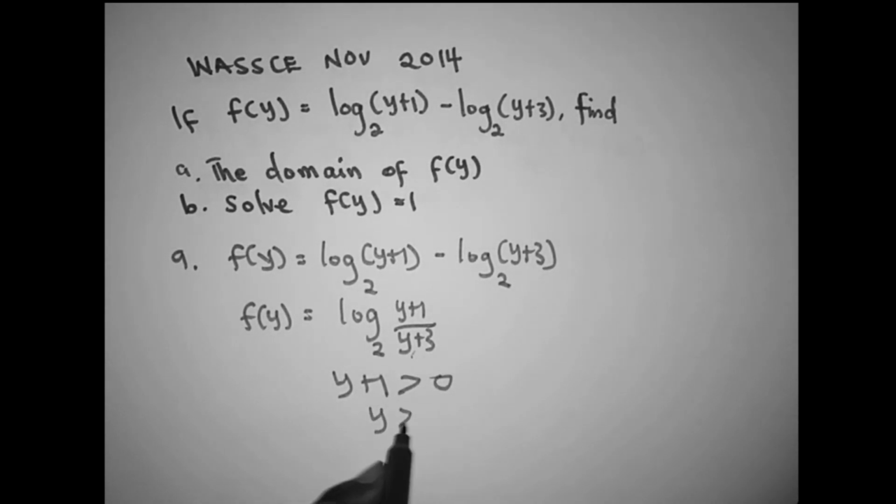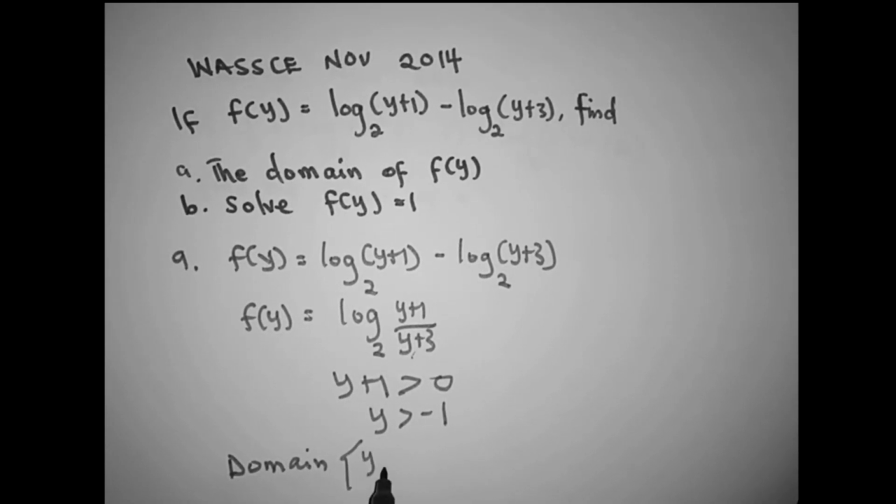This means that y should be greater than minus 1. So the domain of f of y is such that y is a real number, but y should be greater than minus 1.